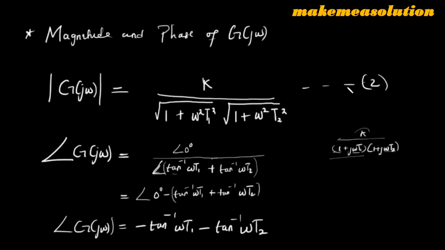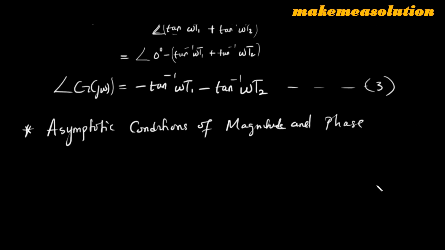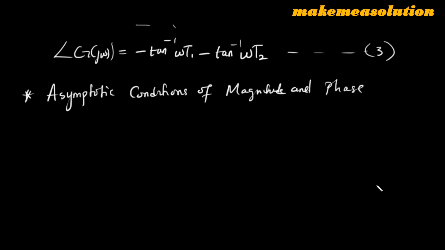Our magnitude is this, and this is my phase over here. So the next thing is I'll apply asymptotic conditions to the magnitude and phase to give me an idea of how the graph will look. This might be the last step for many of you. So let's find out, applying asymptotic conditions.